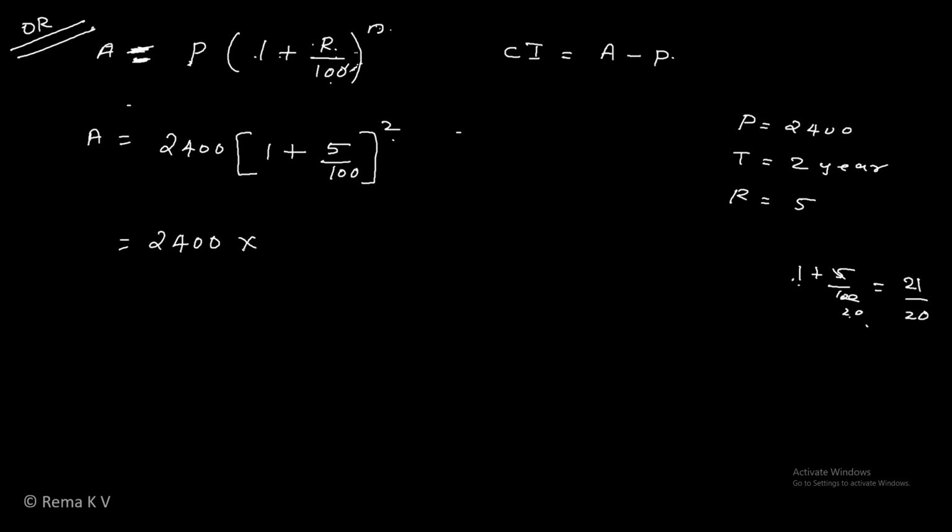So 21 by 20 into 21 by 20, because whole square is here. Is it clear?